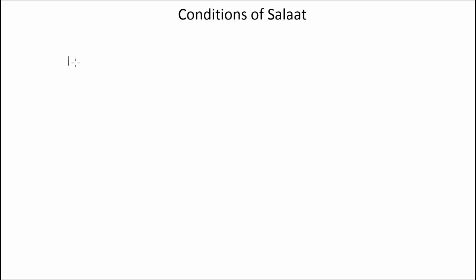Number one, the most important one, and in fact all of them are important, is acceptance of Islam, acceptance of the Islamic faith. Why is that? Because Islam means submission, and once you submit, one of the ways you show your submission is salah, which is one of the pillars of Islam. So what's the point of doing all the movements and praying if you're not even a Muslim?